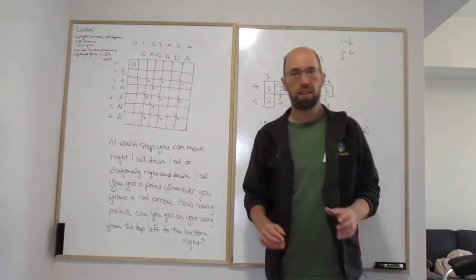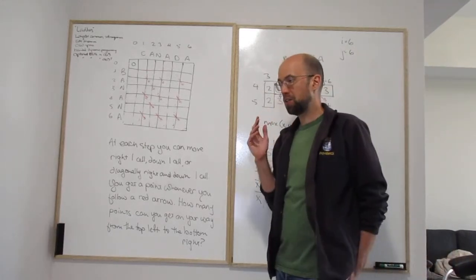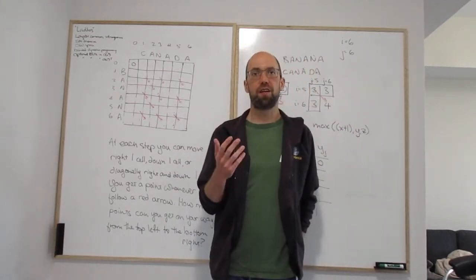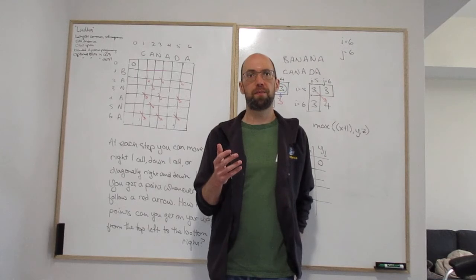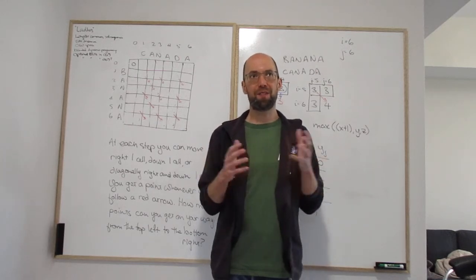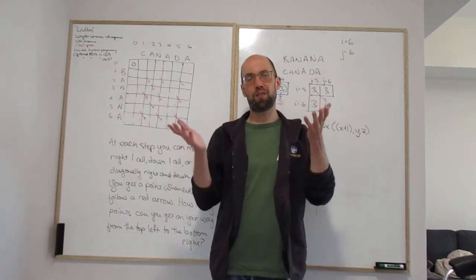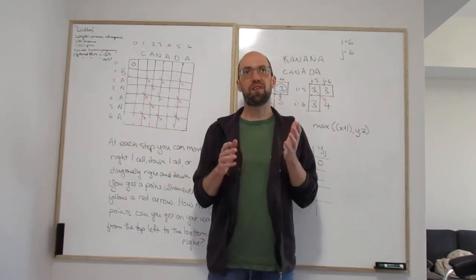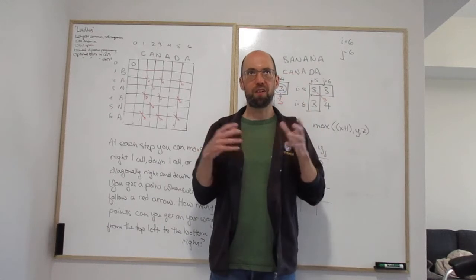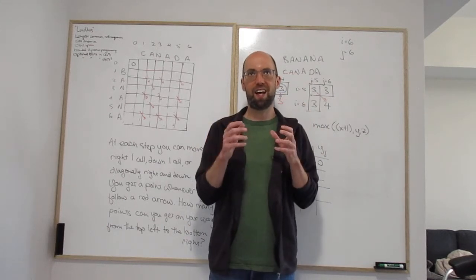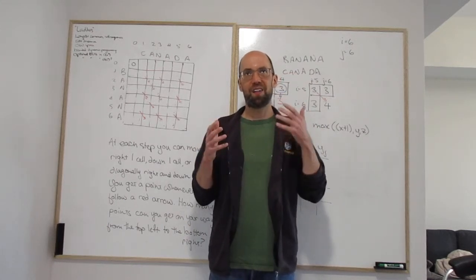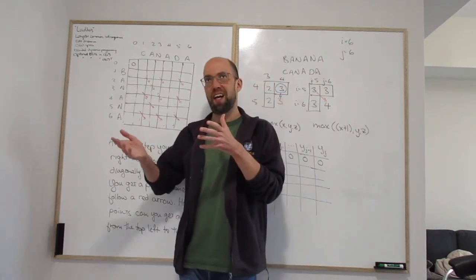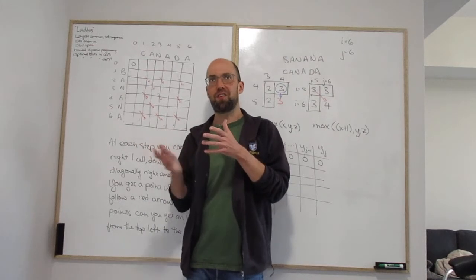Edit distance, you are trying to minimize the number of edits that you have to do. You can see how this is related, because given banana and Canada, if you know that the longest common subsequence is ANAA, what you could do is take banana and delete all the characters.